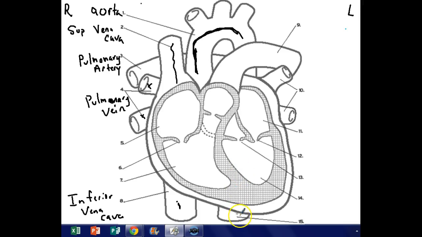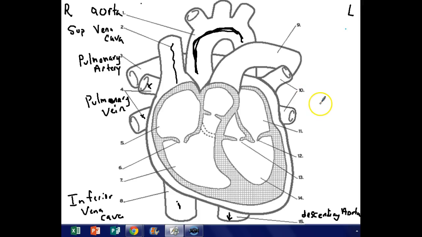All right, back to our aorta. Blood's going to come out through the aortic arch and go down in this direction to the bottom part of the body. This is number 15, what we call our descending aorta.